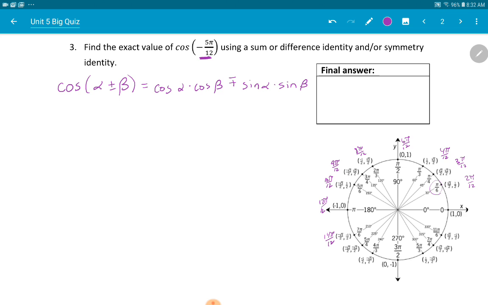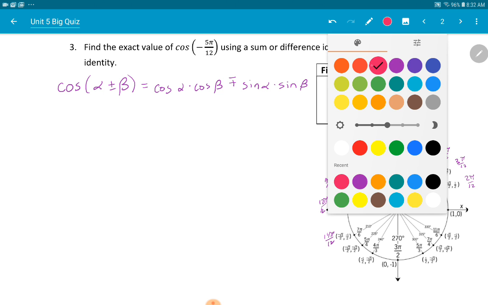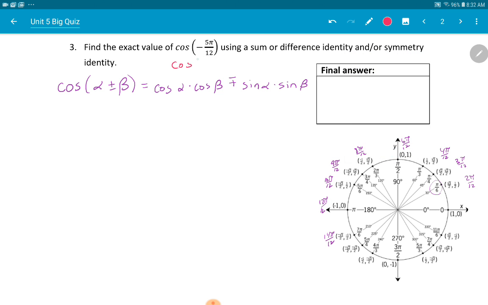So I just need to find an alpha and beta that gives me a sum or difference of negative 5 pi over 12. But I'll also notice that I could have also said cosine of 5 pi over 12 since these two things are equal by the symmetry identity. So if I can't find a sum of negative 5, I can always look for a sum of positive 5, and that will give me the same answer.